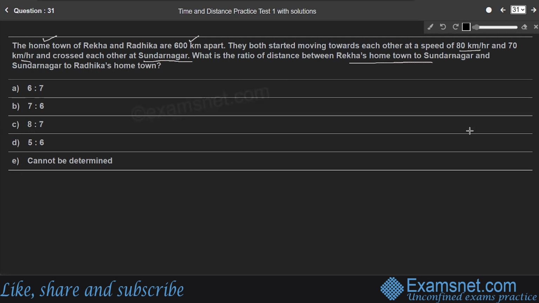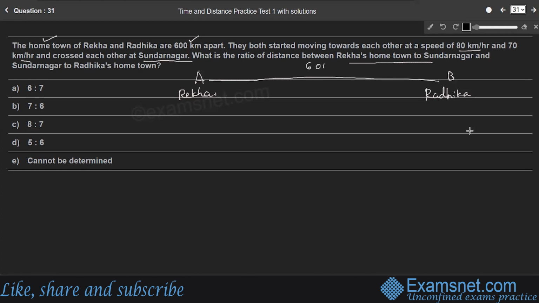So we'll consider two places. Rekha's hometown we'll call A, and Radhika's hometown B. So the distance between A and B is 600 kilometers.